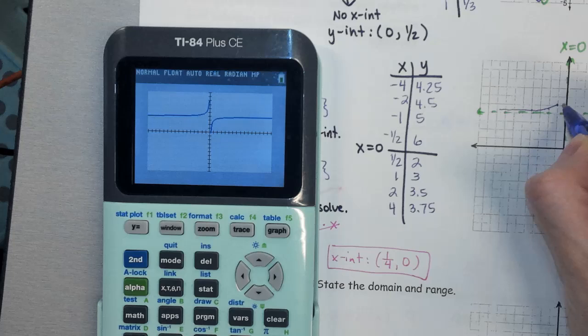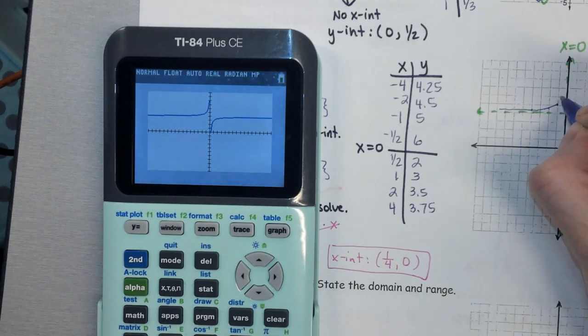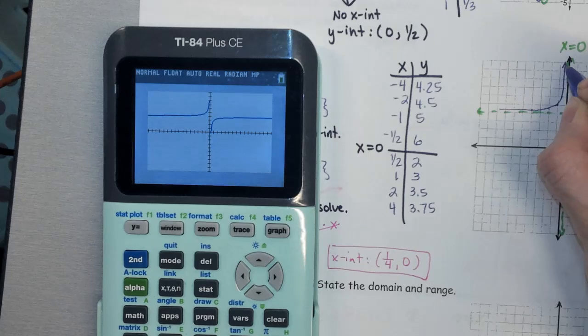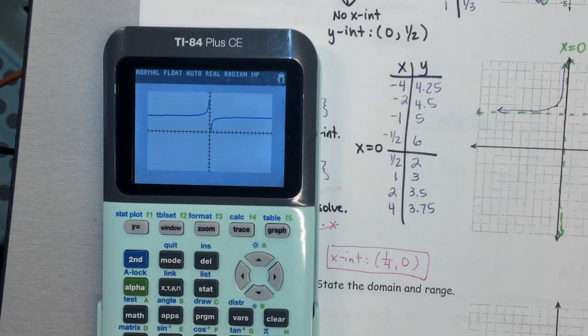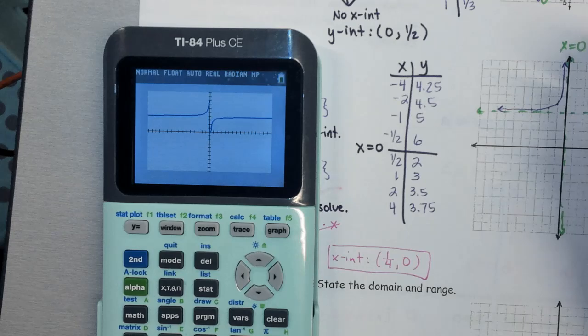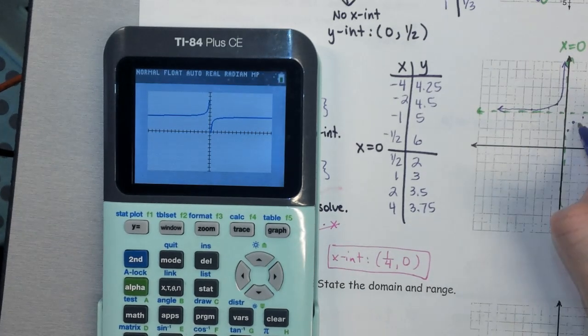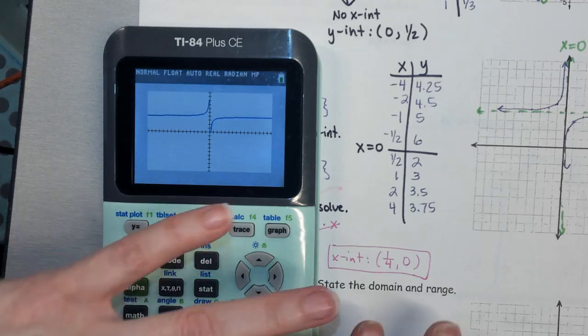So you really do want to have another point that can help you make your curve, and then at a half and at 2, at 1 and at 3, at 2 and at 3.5. And so I'm just going to print rate. And then you have your arrow going in both directions there.